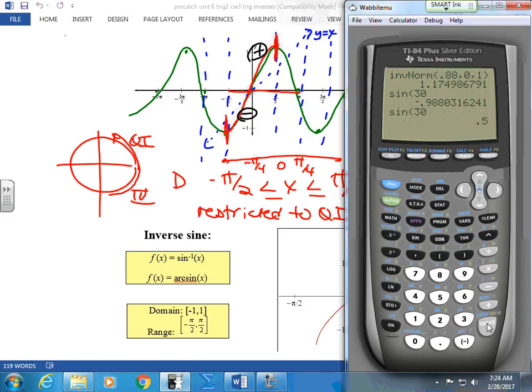I get a positive answer. If I take the sine, and I'm going back here, of -30, I got to go backwards, I get a negative. Right? So far, so good. If I say, give me an angle whose sine is 0.5, I have 2 quadrants, 1 and 2, who have a sine of 0.5, right?